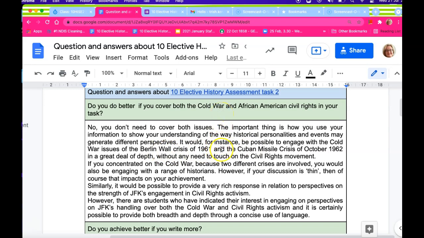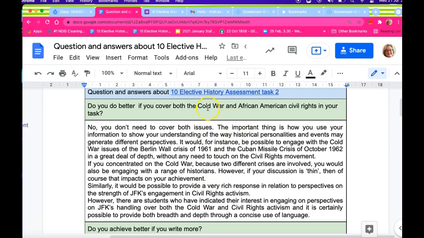They could also look at JFK's handling of civil rights activism, but there may not be a lot of detail there with the person that has covered both these issues.